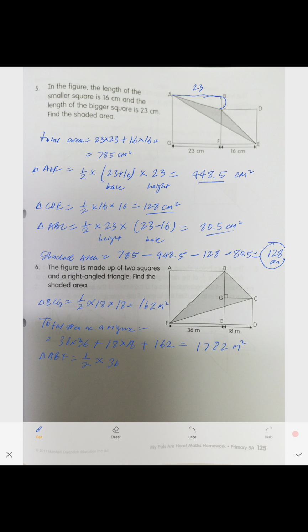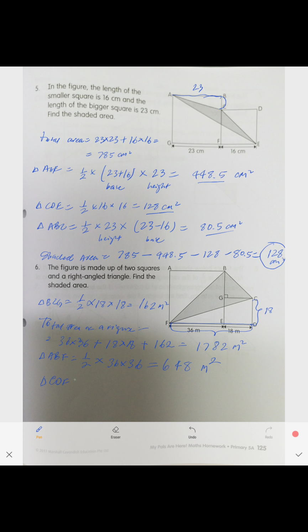So 36 by 36, it's a half of a square, 648 square meters. Now the area of CDF. So we know the height, and if this is the base, we know the base is 18, the side of this small square.